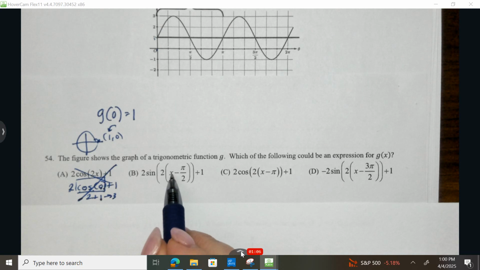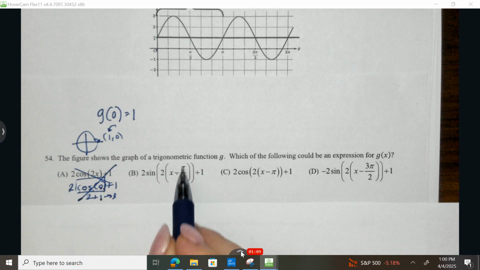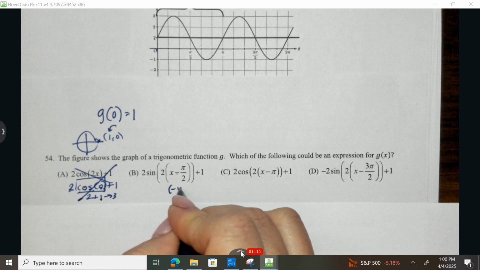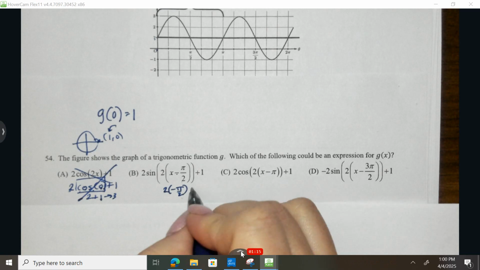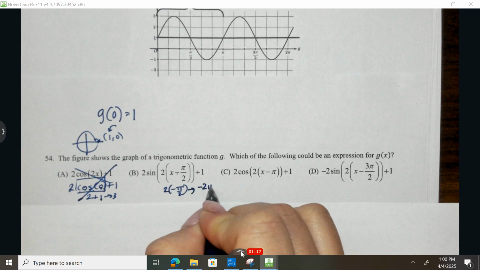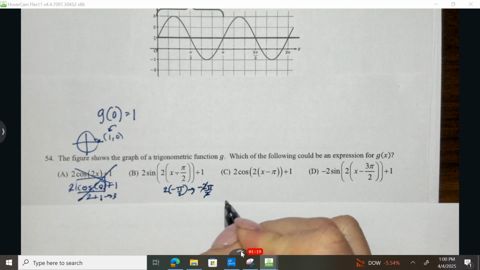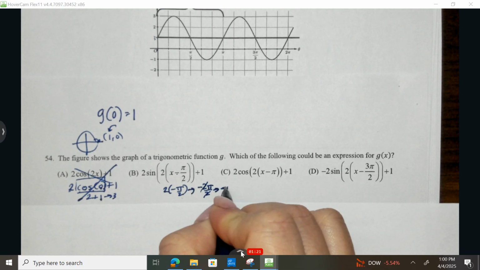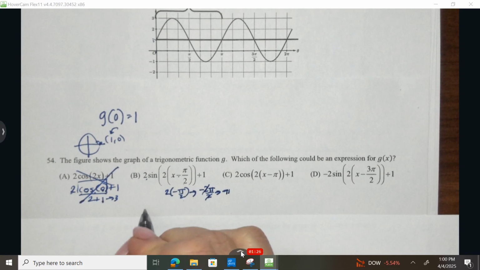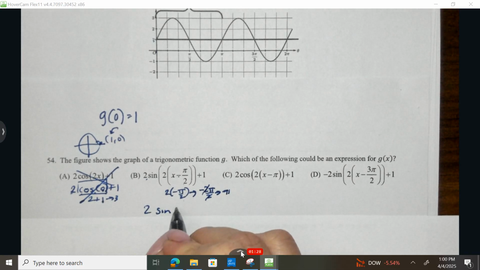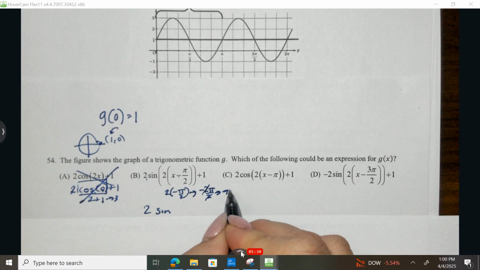Let's try this one. When I plug in 0, 0 minus pi over 2 is simply negative pi over 2. But notice there's a 2 up front, so when I multiply, I get negative 2 pi over 2. And those 2 simplify, and I have just negative pi. Again, we're just seeing what can we eliminate.